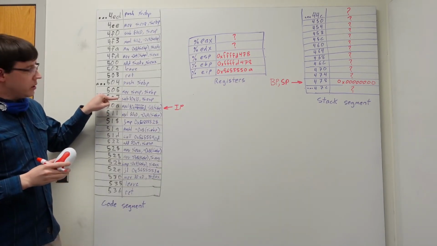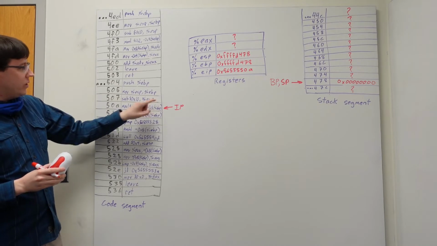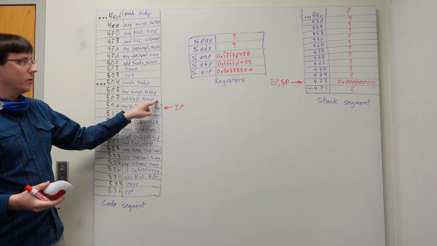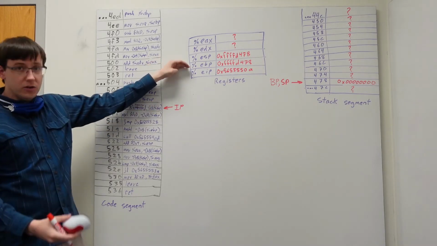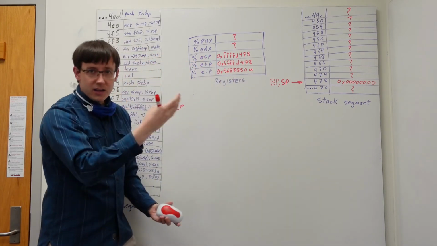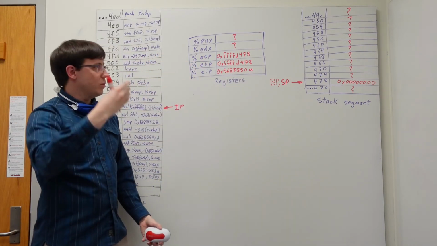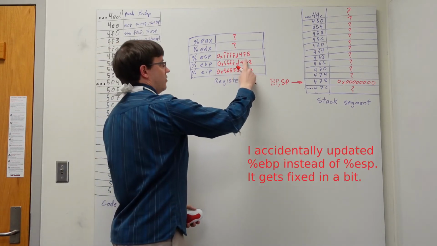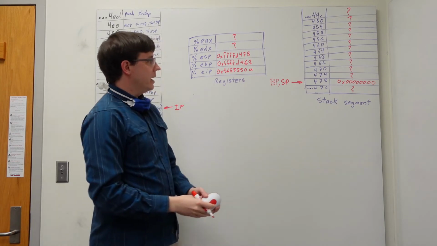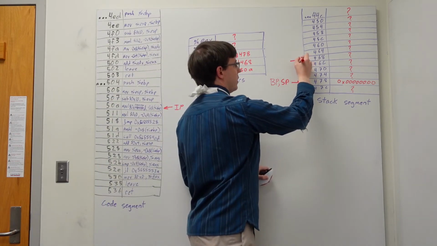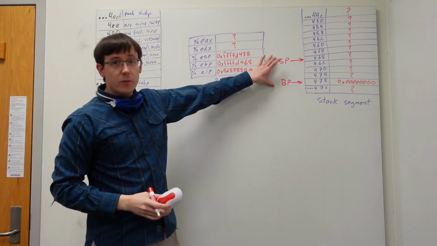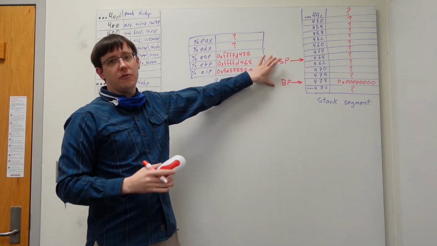And now we are executing this subtract instruction, which is subtracting 10 from the value in the stack pointer register and storing the result back into the stack pointer register. So when we subtract the hex value 10, that's the decimal value 16, but that changes this hex address to be 468. And so that means that we are moving the stack pointer up to here, which gives us room for the local variables in the main function.